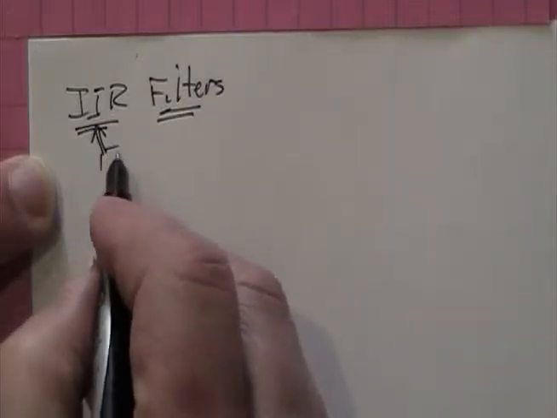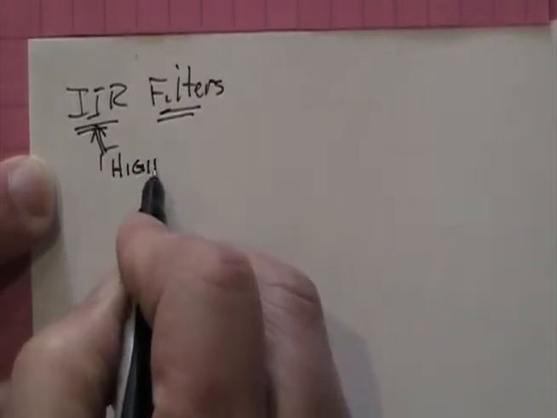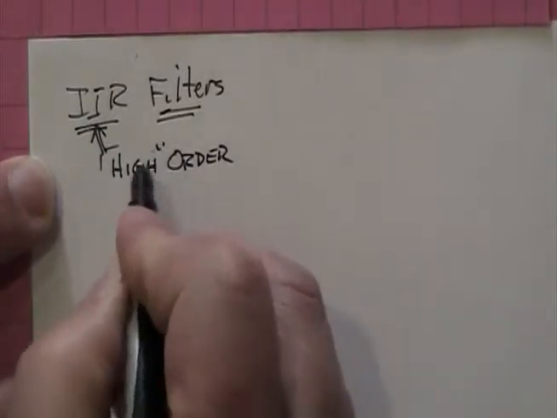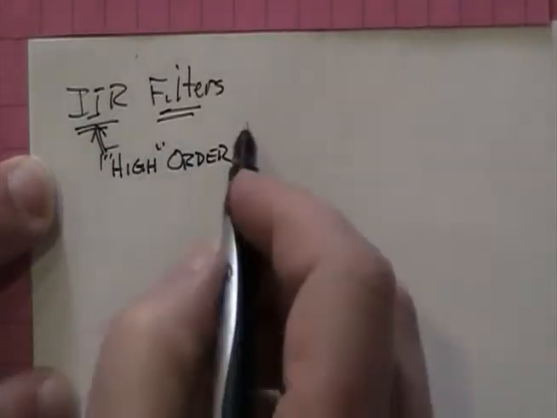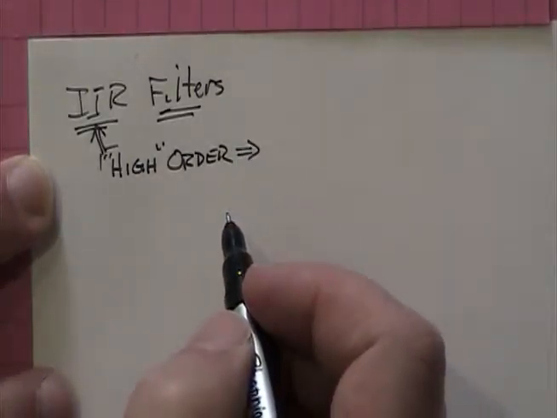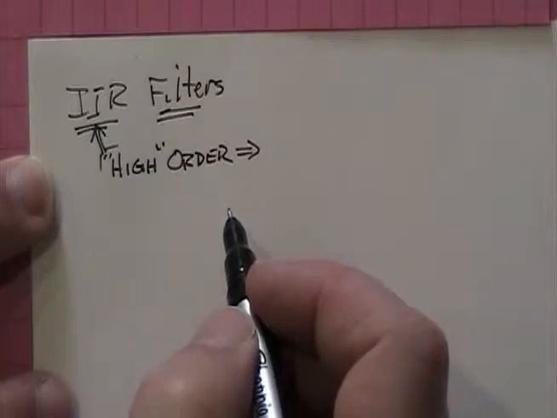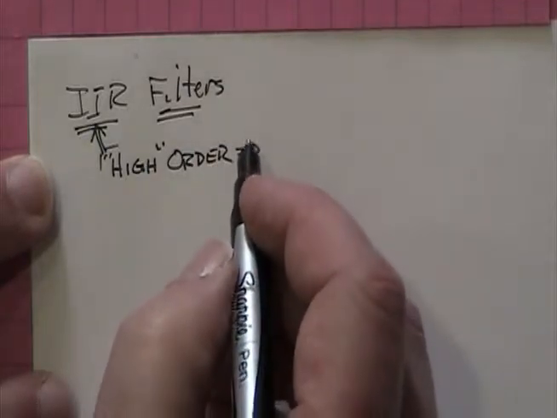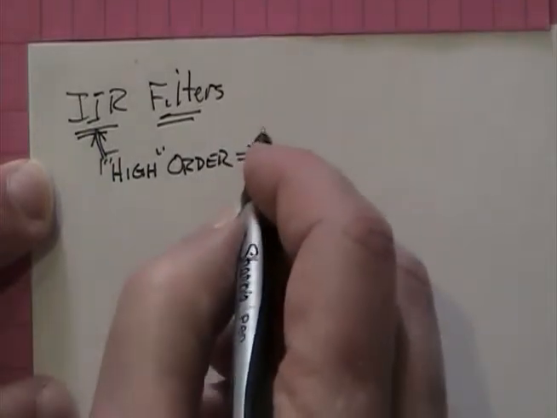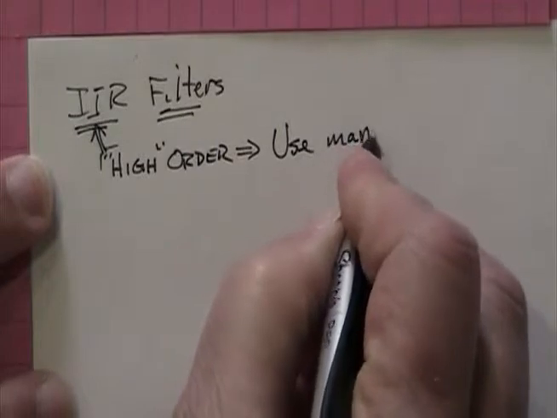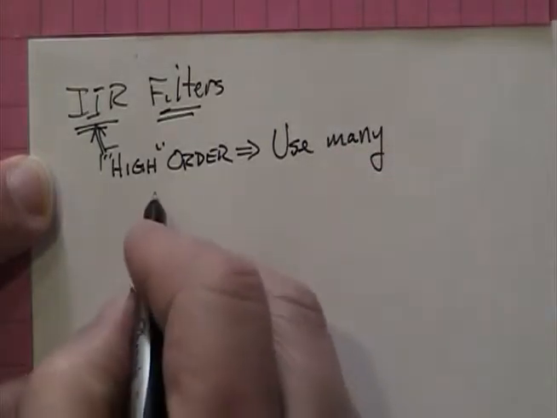So if I have a high order filter, and who knows what we mean by high, almost always to get around the numerical problems, I'm going to do a first step where I decompose this thing into lower order filters. That means I'm going to use several low order filters.